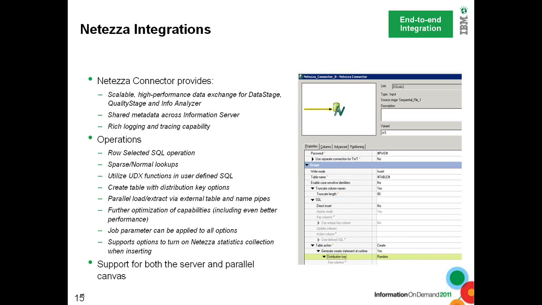So this is IBM Netezza integration. This is the enhancement to the Netezza connector in terms of the operations that it supports. That's been enhanced quite a bit, and especially the sparse and normal lookups and create table with distribution key are some of the salient points that have been put in.